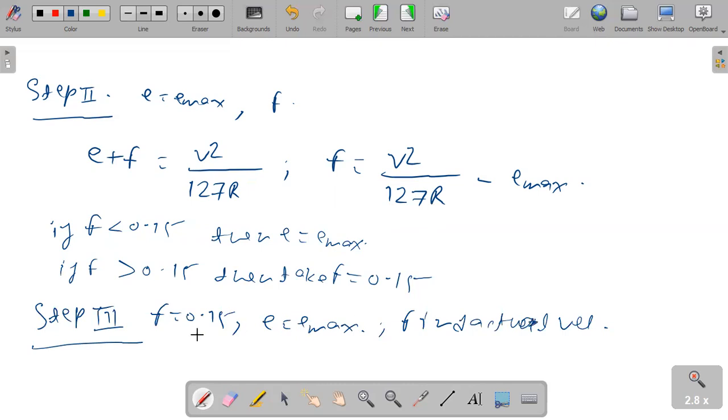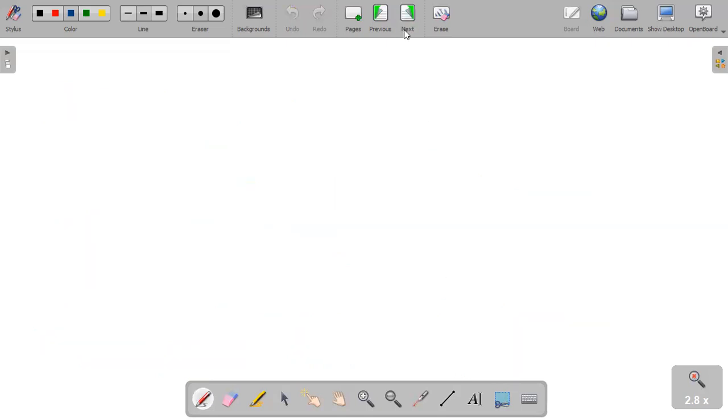Okay, put these two values in our formula, which is E plus F is equal to V square upon 127 R. Here Va is the actual velocity. So by putting these values, E max plus 0.15 is equal to Va square upon 127 R. By doing some calculation, we'll get the Va square value.